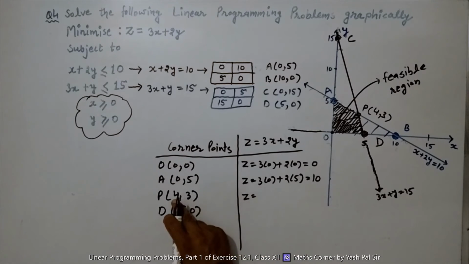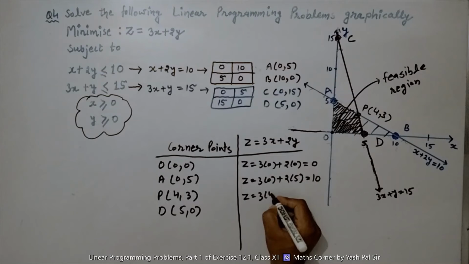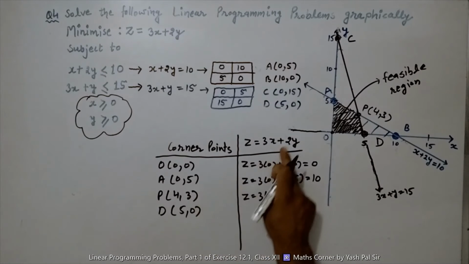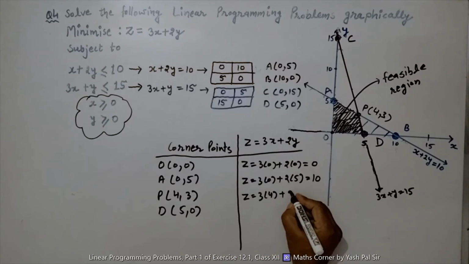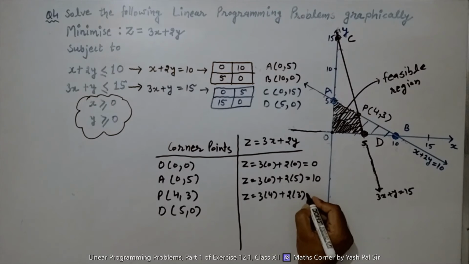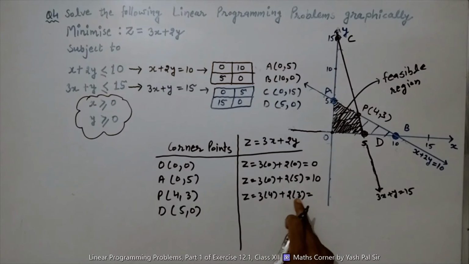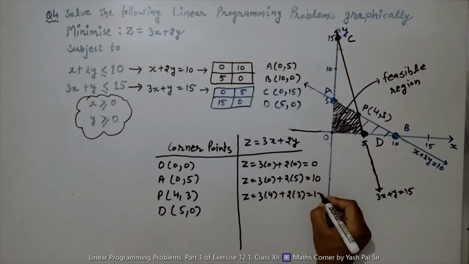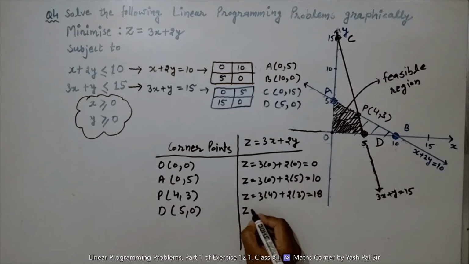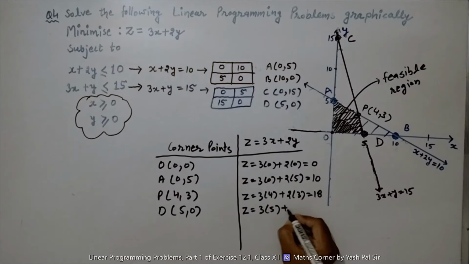Third time z is equal to 3 into 4 plus 2 into 3, so this becomes 12 plus 6, 18. Lastly z is equal to 3 into 5 plus 2 into 0, which is equal to 15.